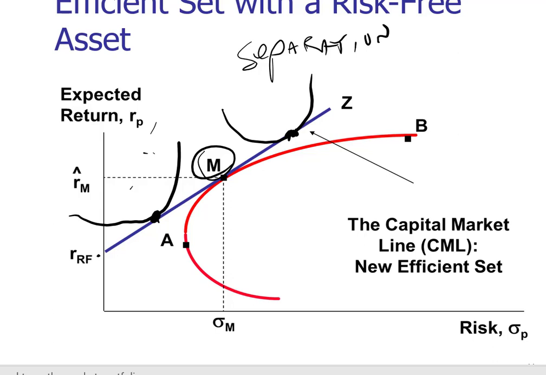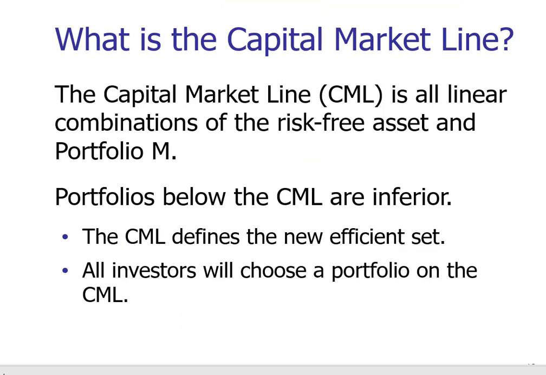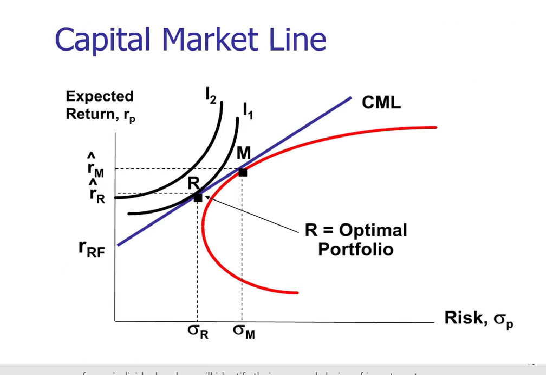Now what this does is what's referred to as the capital market line. It creates a new efficient set. Again, the capital market line is a linear combination of risk-free and portfolio M. Anything that's below this capital market line is inferior, right? So we have to choose something on that line.